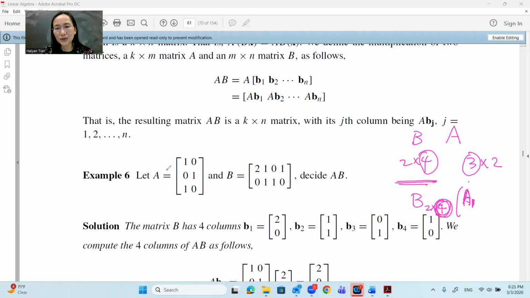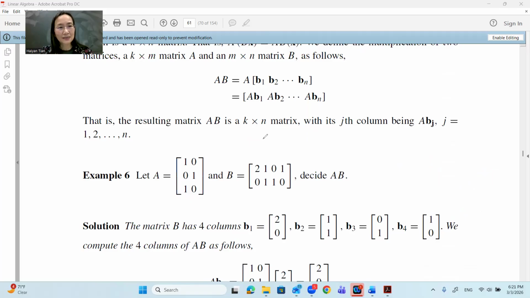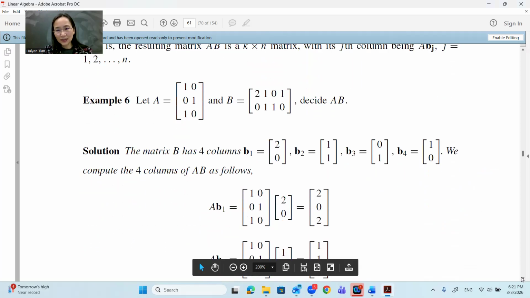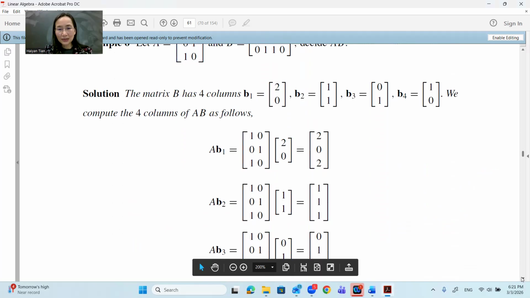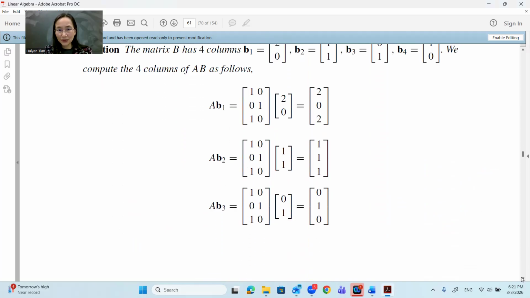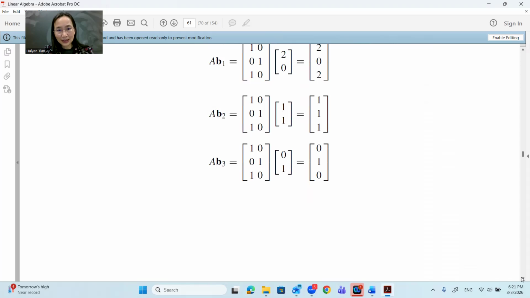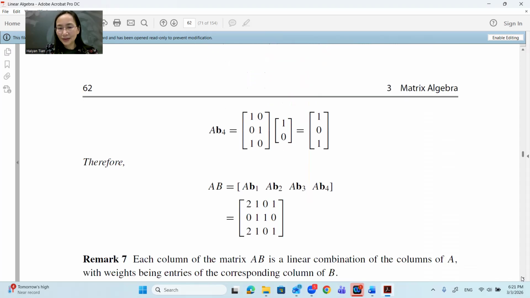So you cannot swap. AB is not the same as BA in general. So just be aware, we do not have a commutative property for the matrix product. The order is important. Sometimes you can multiply A by B, but for example, in this case, you cannot multiply BA. It's not even possible.